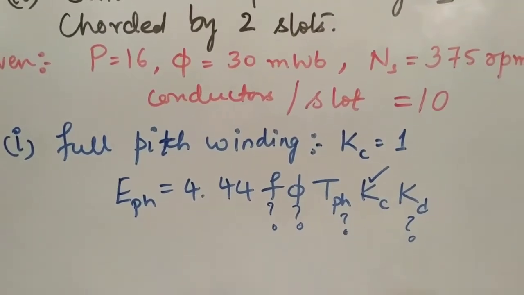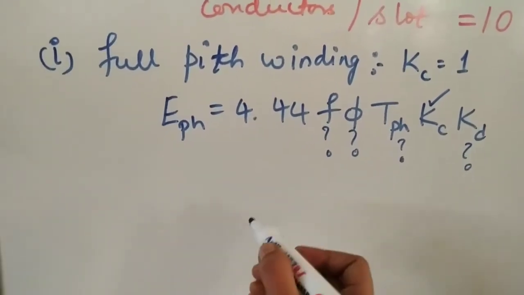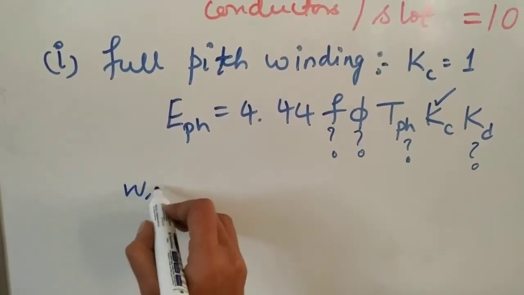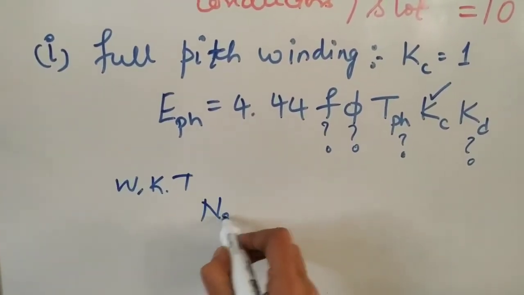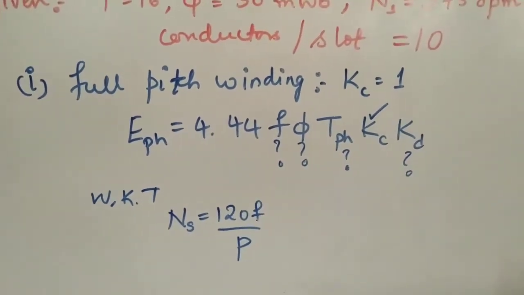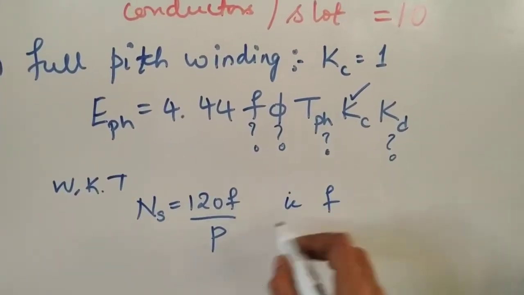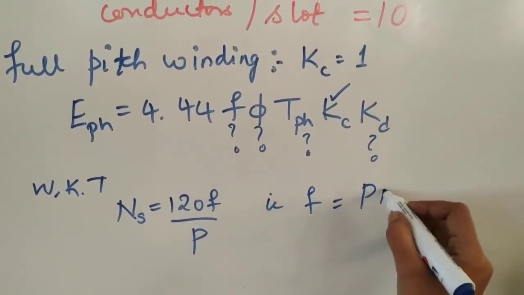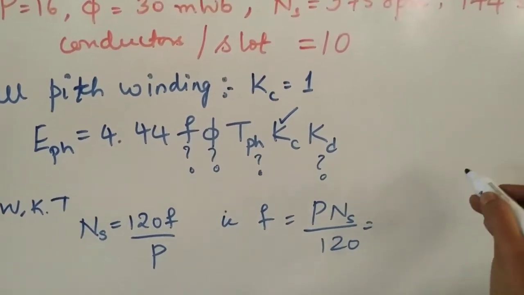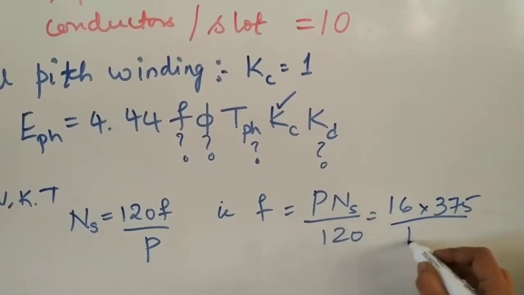So first, let us take up one by one the first parameter, that is the frequency. As we all know, Ns is equal to 120F divided by P, where F is equal to P into Ns divided by 120, which is equal to 16 multiplied by 375 divided by 120.